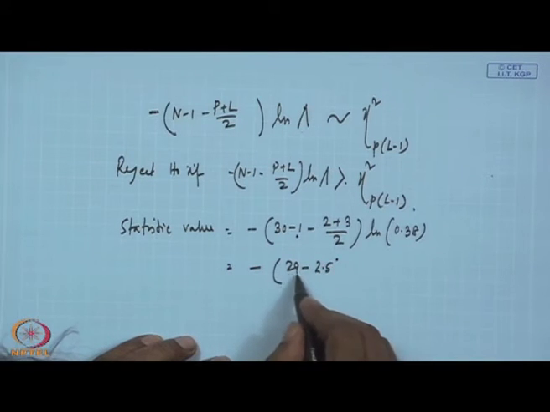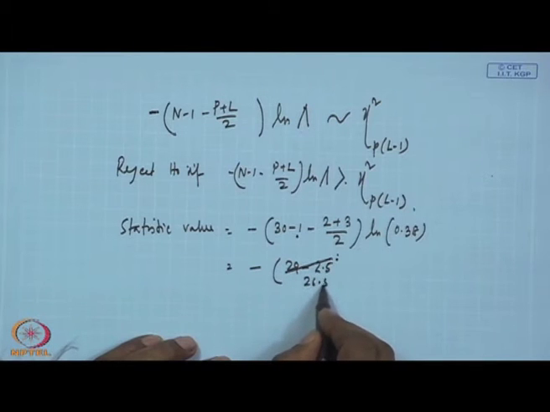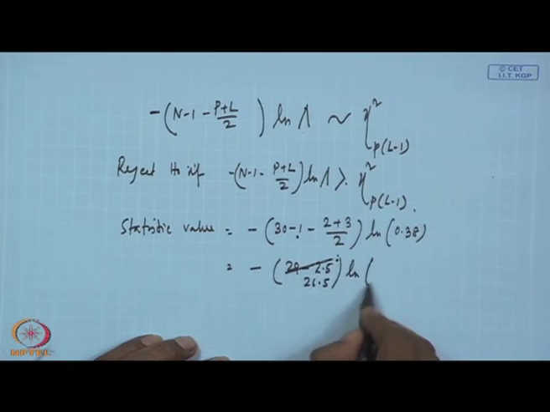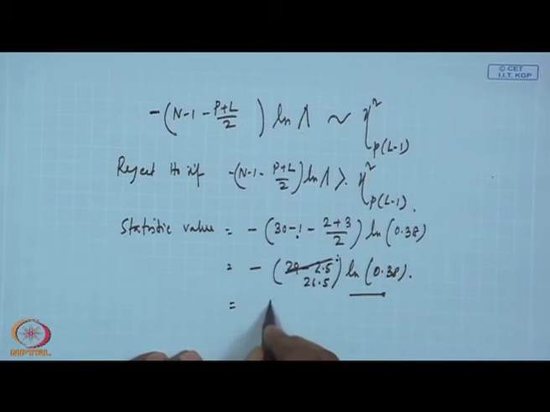So, the resultant will be 26.5, okay, into log 0.38. You find out this value. I think the resultant quantity will be 11.25.